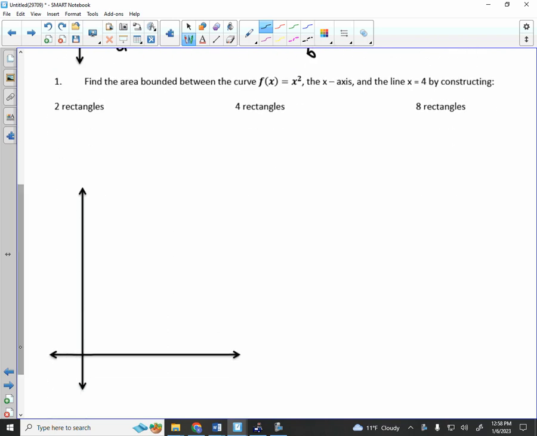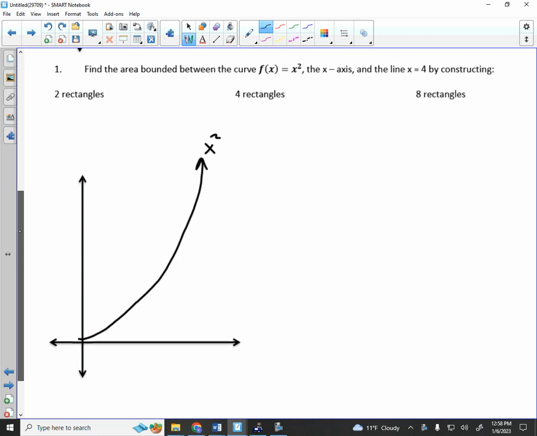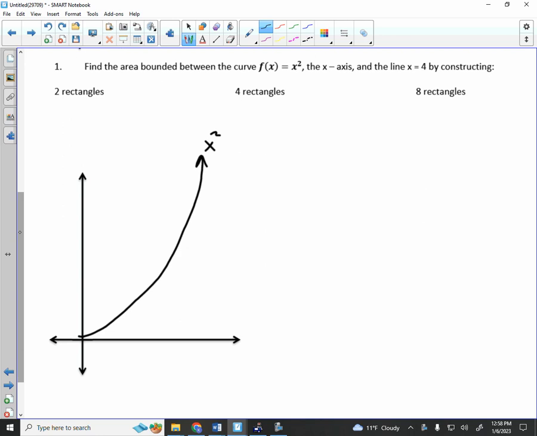We're going to find the area bounded between the curve x squared, the x-axis, and the line x equals 4 by constructing 2, 4, and 8 rectangles. So the first thing we do is we draw the function, x squared. It says we're bounded between x squared, the x-axis, so the x-axis would be this lower portion here, and then the line x equals 4.